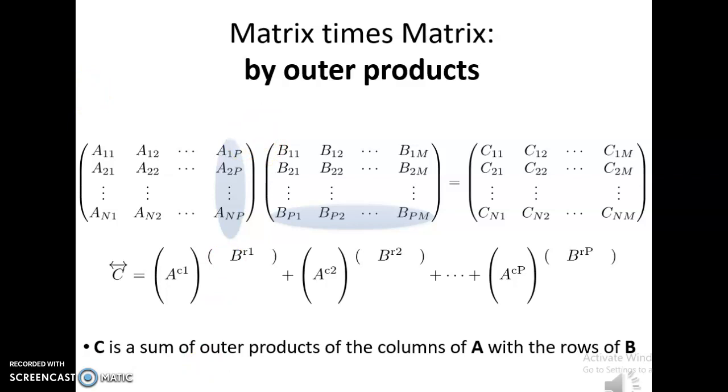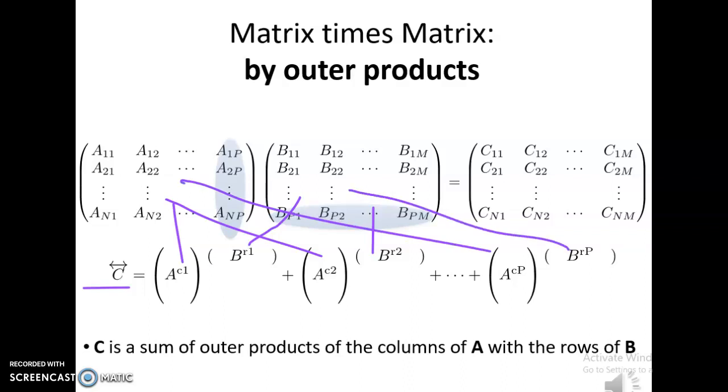This column AC1 into PR1 row, plus AC2 into PR2, and so on up to ACp times PRp. Then we get the result.